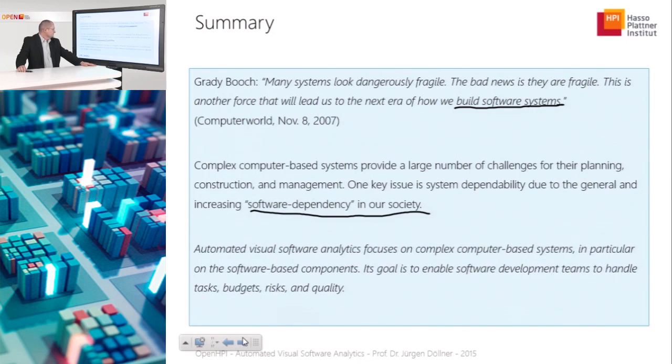And the goal of automated visual software analysis is, among many different objectives, to enable software development teams to handle tasks, budget, risks and quality in a much better way than it is possible today. So software analytics aims to assist developers and all stakeholders in the process of software development to achieve a high degree of dependability in key software qualities.